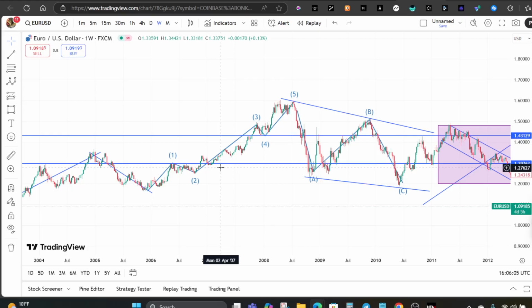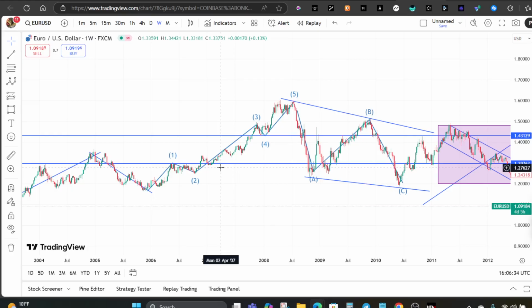Elliott wave traders often use Fibonacci retracements and extensions to confirm wave structures, so you can add your Fibonacci tool for the purpose of confirmation.